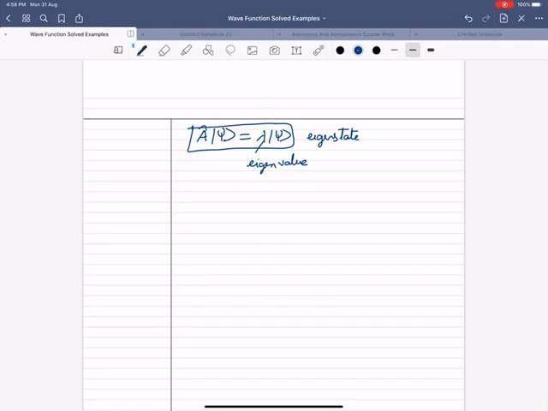Here I've chosen psi as a superposition of many plane waves, or a superposition of waves. So you can write it in this form: c1 phi1 plus c2 phi2 plus c3 phi3 plus c4 phi4 up to cn phi n.